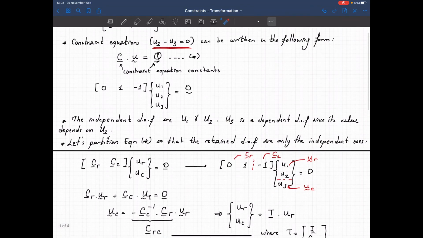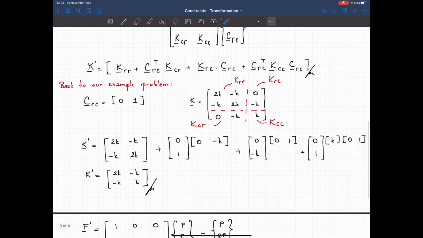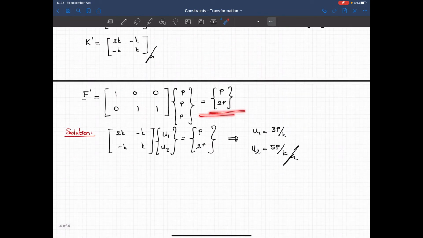So let's go back to that problem again. This is axially rigid, right? If this is axially rigid, it doesn't matter if I put the load in here or in here. So I got 2 degrees of freedom, the first and the second. The first P is applied to the first degree of freedom and 2P is applied to the second degree of freedom. So this force vector makes sense.